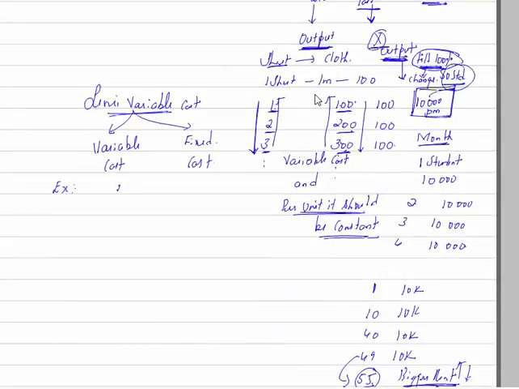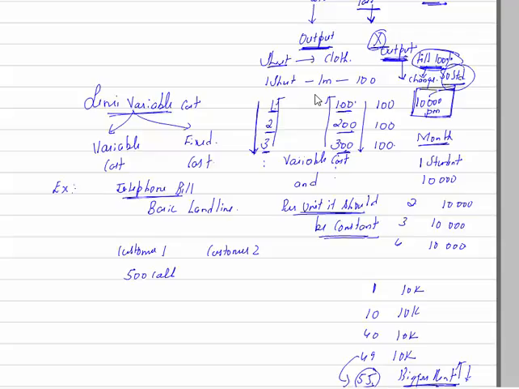The best example is the basic landline telephone bill. Suppose two customers are there, customer 1 and customer 2, who are using this telephone facility. Suppose customer 1 has made 500 calls and customer 2 has made 700 calls.